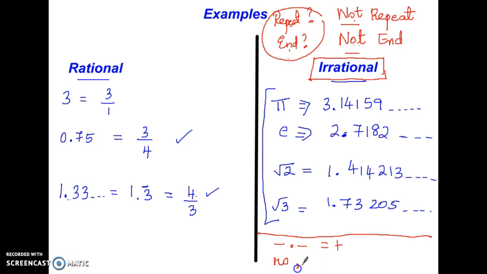No to the first question, no to the second question means the decimal is irrational. The negative answers are for the questions, does it repeat, does it end? It should not repeat and it should not end. If that's the case, it's an irrational decimal.